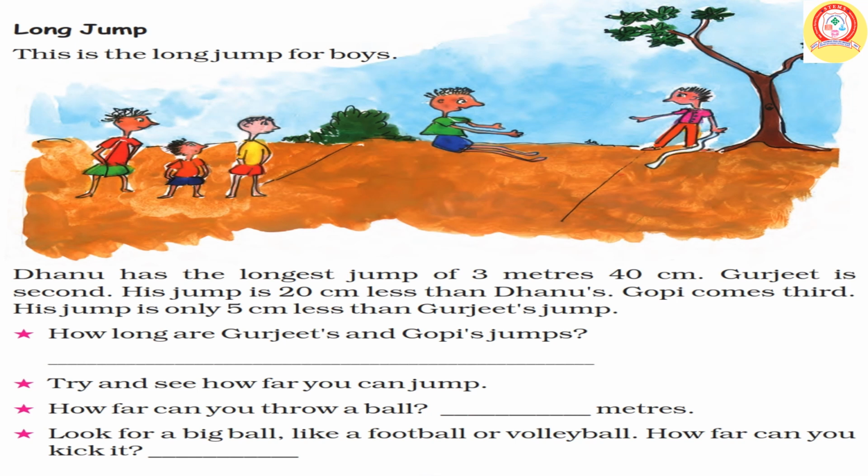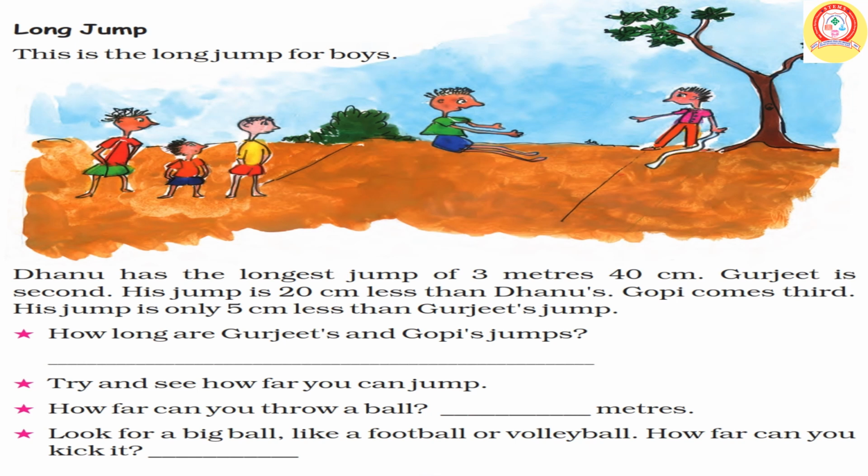So children, see here, Dhanu has the longest jump of 3 meter 40 centimeter. Gurjeet's jump is 20 centimeter less than Dhanu's jump. So that means Gurjeet's jump is equal to 3 meter 40 centimeter minus 20 centimeter. So we will get 3 meter 20 centimeter.